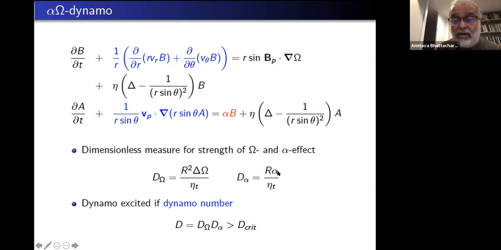Okay, but it does include a coefficient called alpha, which has now been computed purely out of induction. If alpha is zero, you're in trouble and the dynamo number is zero. But you really have to have the dynamo number exceed a certain value of D critical. And when you do so, this equation has steady state solutions that are sustainable.